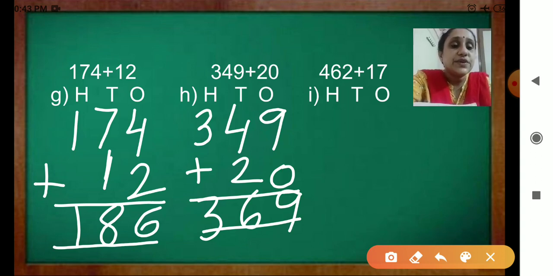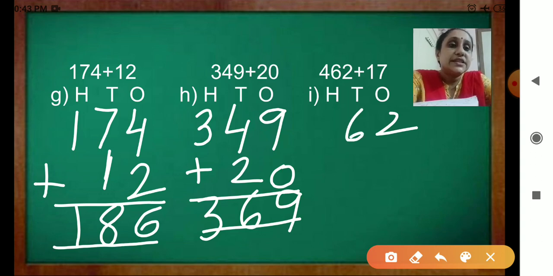So try the next one, how you will write it down. Start writing, then we will check, okay? Yes, 462. So 2 in ones place, 6 in tens place and 4 in hundreds, plus 17. Again put the plus sign, 7 in ones place and 1 in tens place.